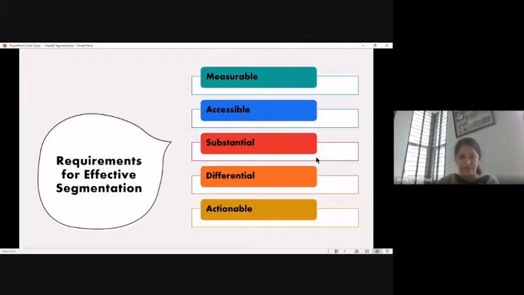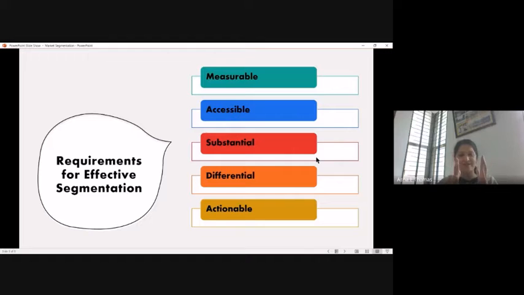So measurable; accessible, the market should be accessible to you; substantial, the volume should be substantial enough to go with the segmentation; differential means you should be able to differentiate between each other; and finally, it should be possible to implement that at the present time.